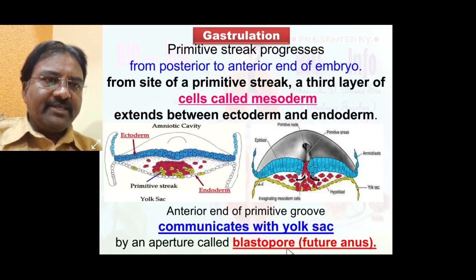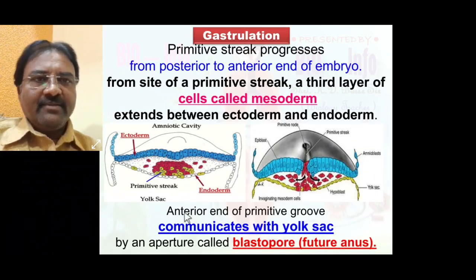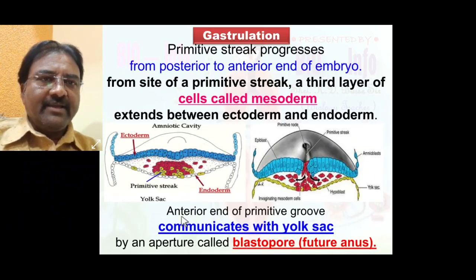This aperture is the future anus. You know, the anus is the last part of the alimentary canal from which waste material is emerged out. So the future anus develops from the blastopore.